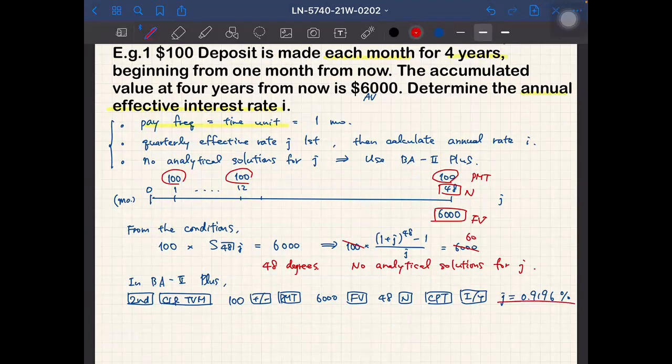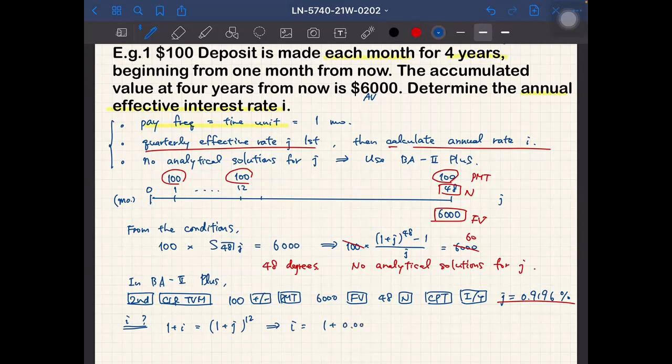So that is the monthly effective rate. Then we would like to calculate the annual effective rate. So what is I? 1 plus I is equal to 1 plus J to the 12th power, because J is the monthly effective rate. That means I is equal to 1.009196 to the 12th power minus 1.